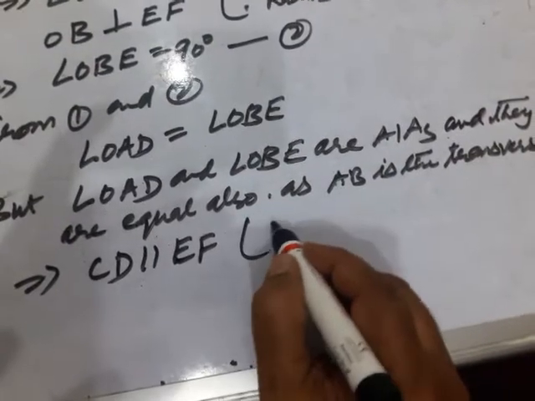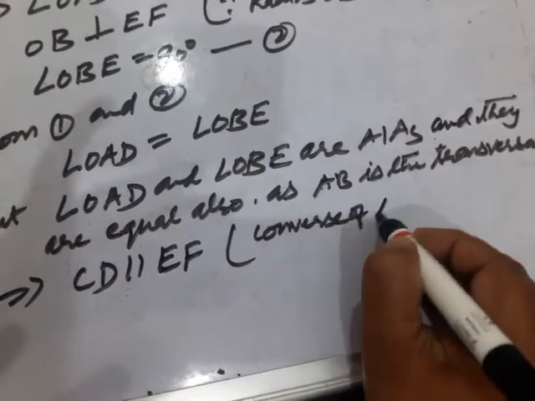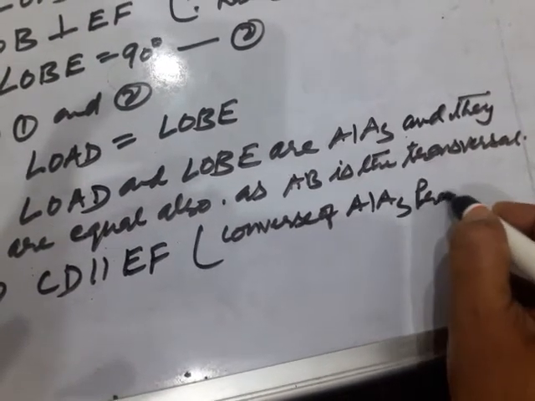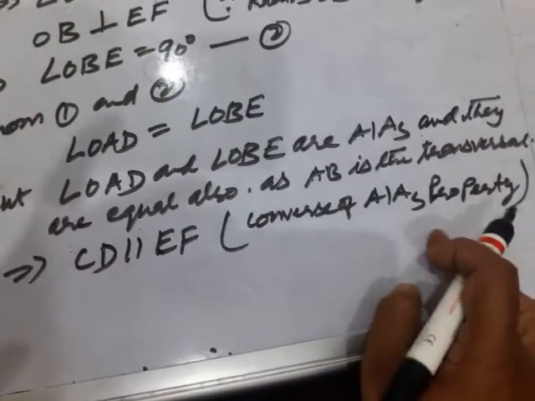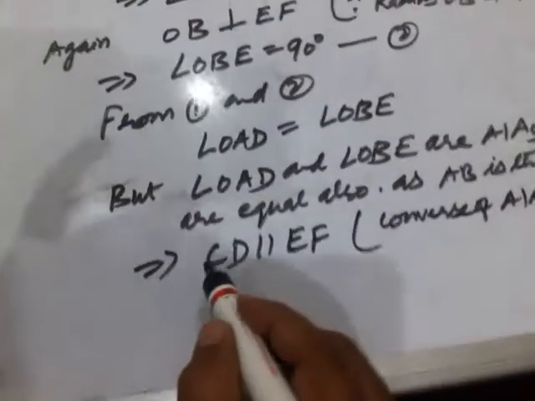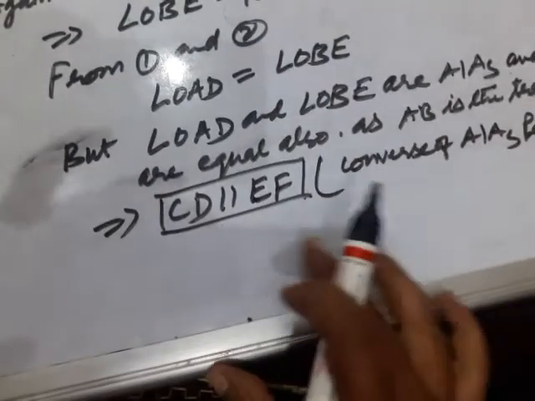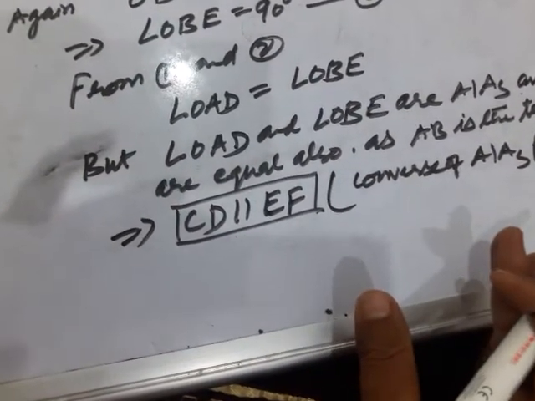By the converse of the alternate interior angles property. That is, CD is parallel to EF, and that is what we have to prove. Okay, children? So what have we proved? We have proved that the tangents drawn at the ends of a diameter of a circle are parallel.